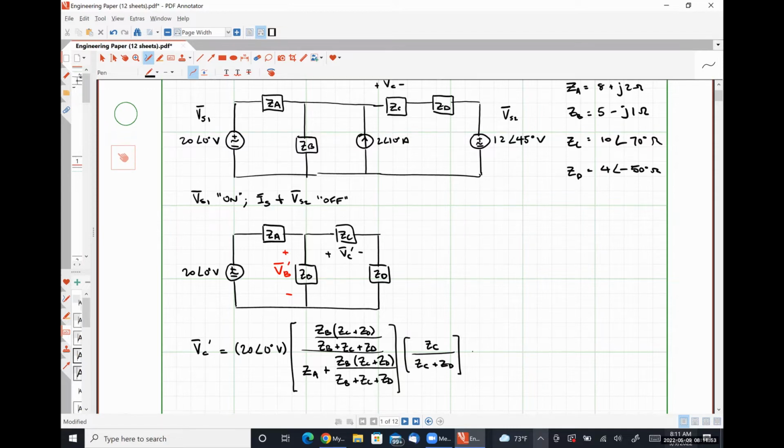So I get 7.029 with an angle of 20.193 degrees volts.